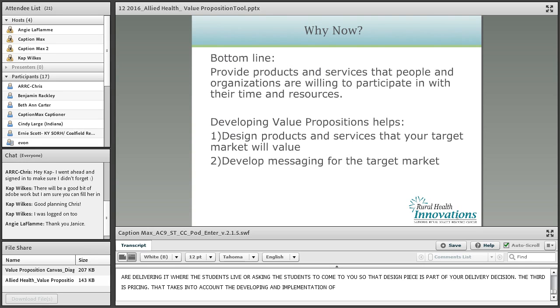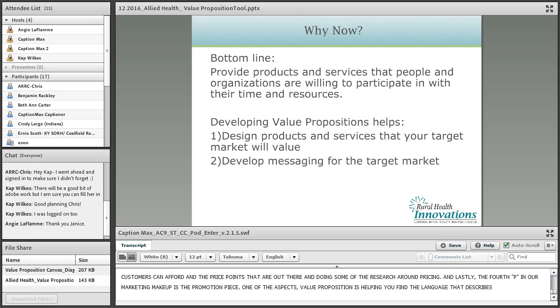The third P is pricing, and that takes into account the developing and implementing of your service. It also takes into account what you feel your customers can afford and the price points that are out there, and doing some research around pricing. And then lastly, the fourth P in our marketing makeup is the promotion piece.